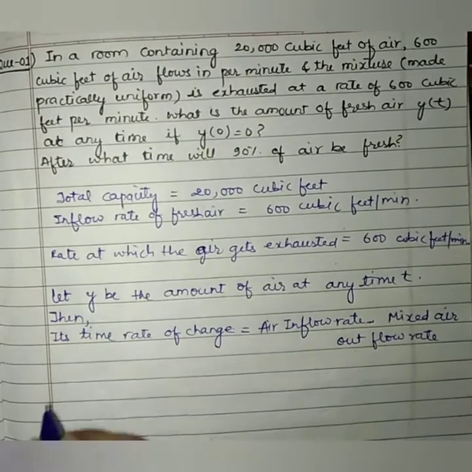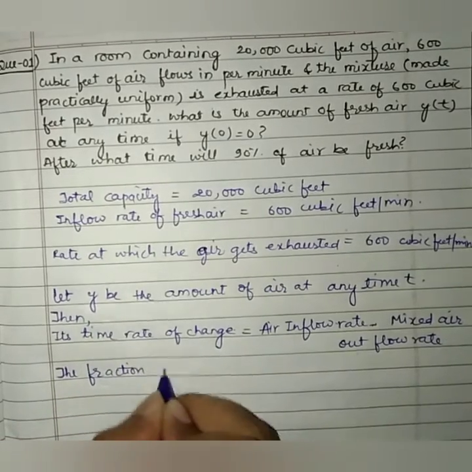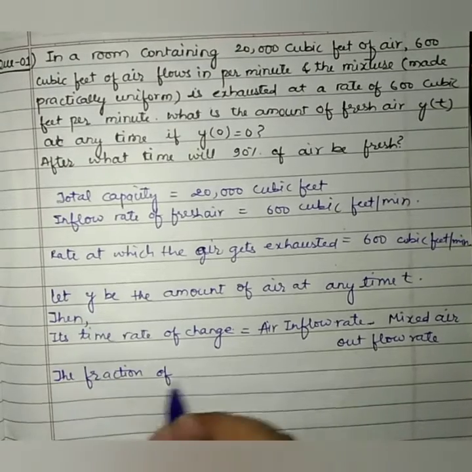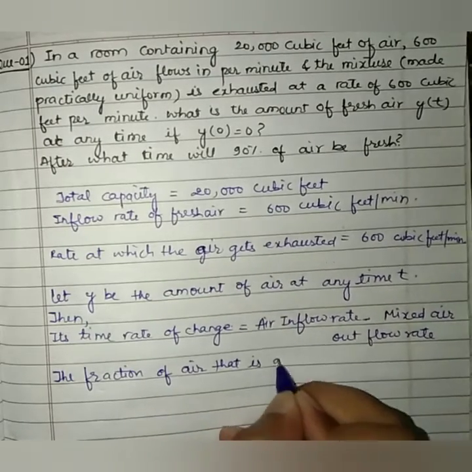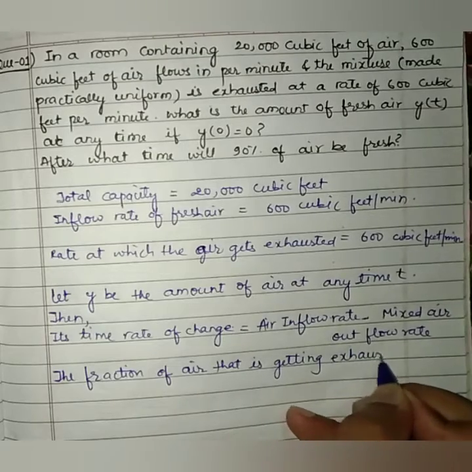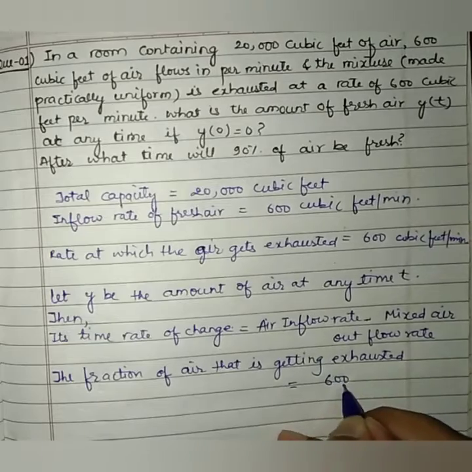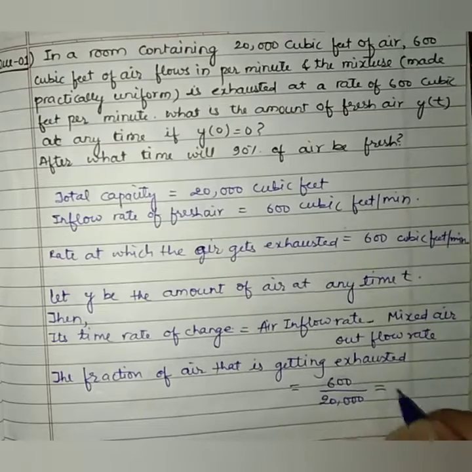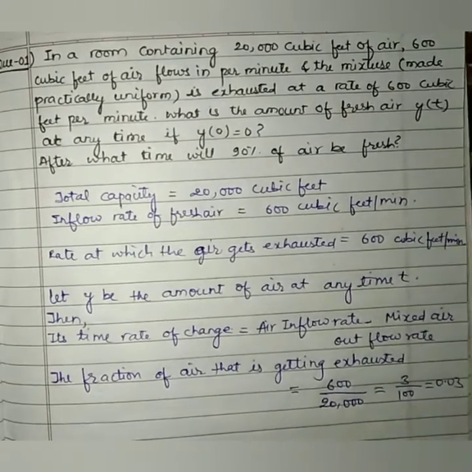So the fraction of air that is getting exhausted will be calculated as 600 upon total capacity, that is 20,000. So it will come out to be 3 upon 100, which is 0.03.